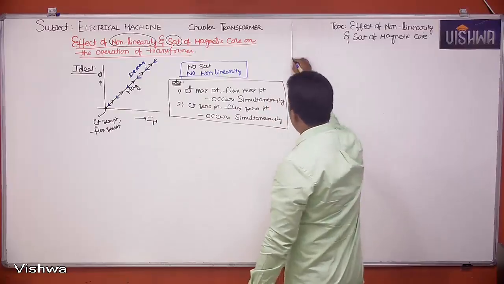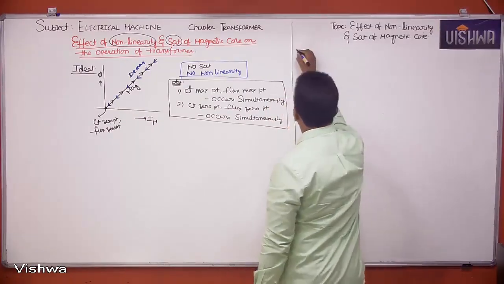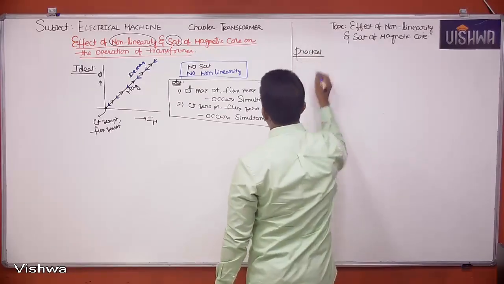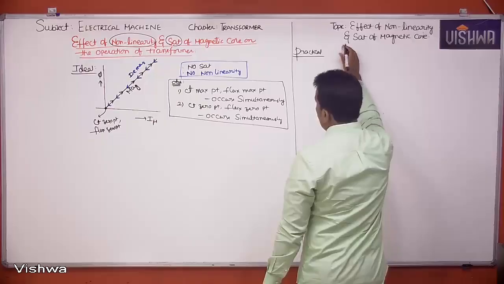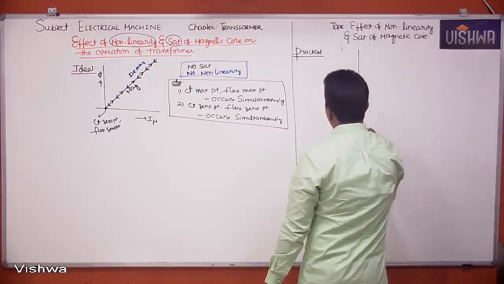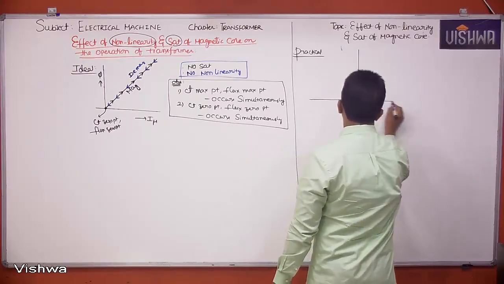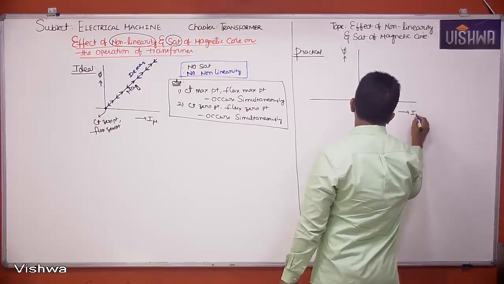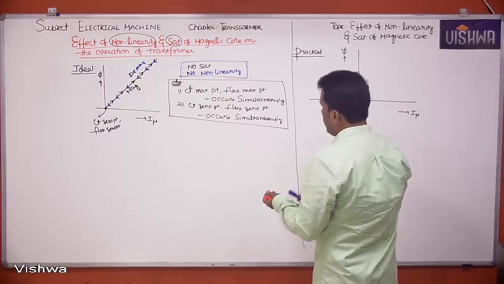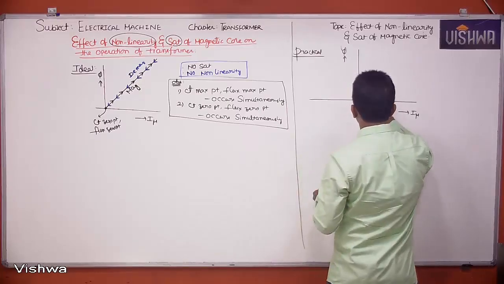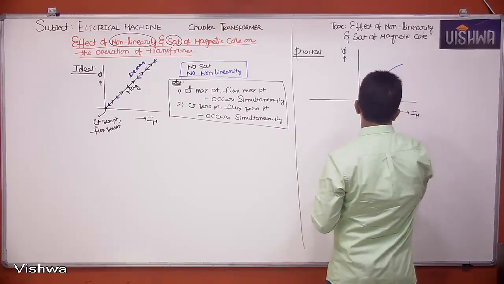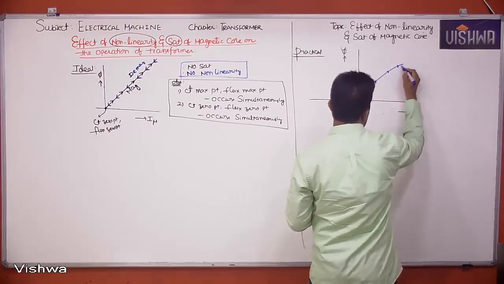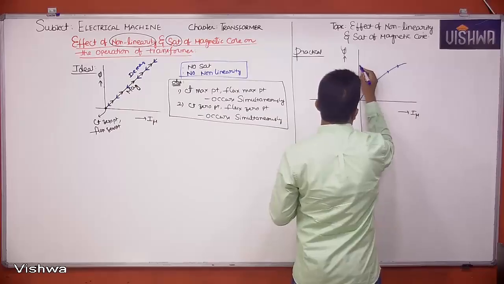Now, practically, the practical case. If you want me to draw the shape of flux versus I mu graph, if you increase current, flux increases like this, and it will enter into saturation.